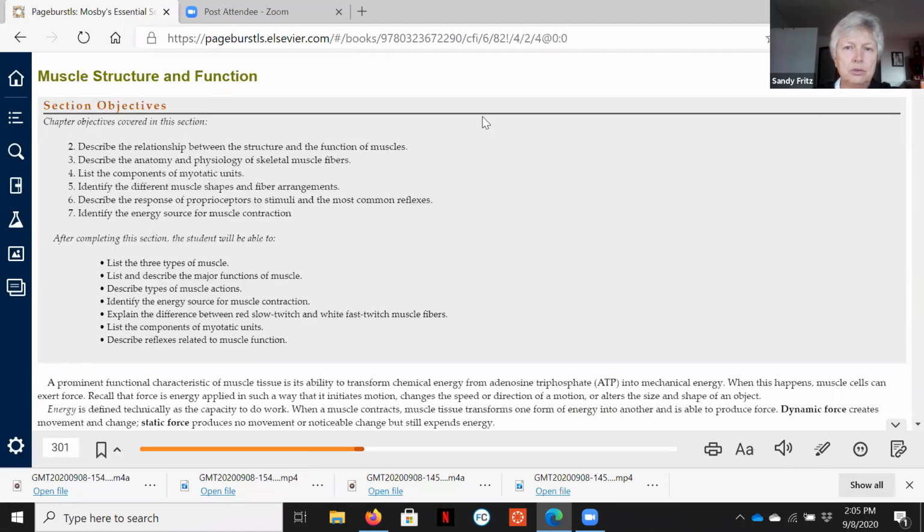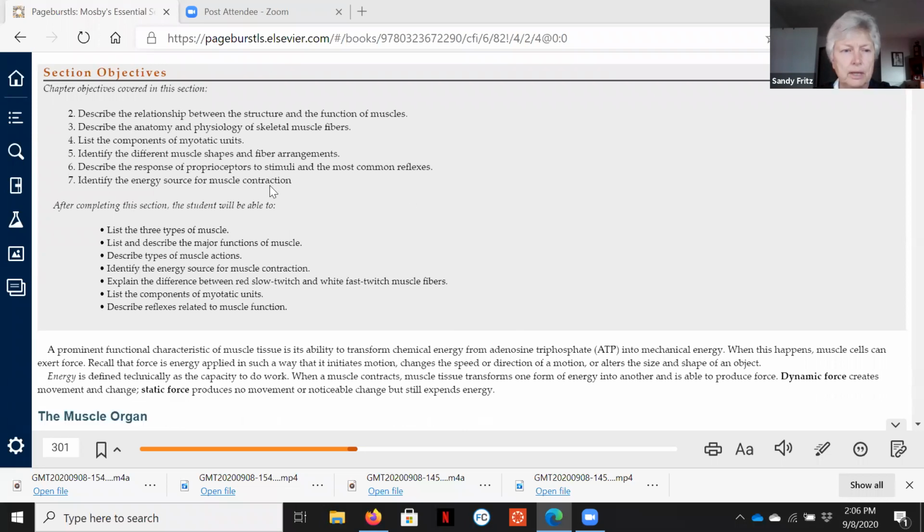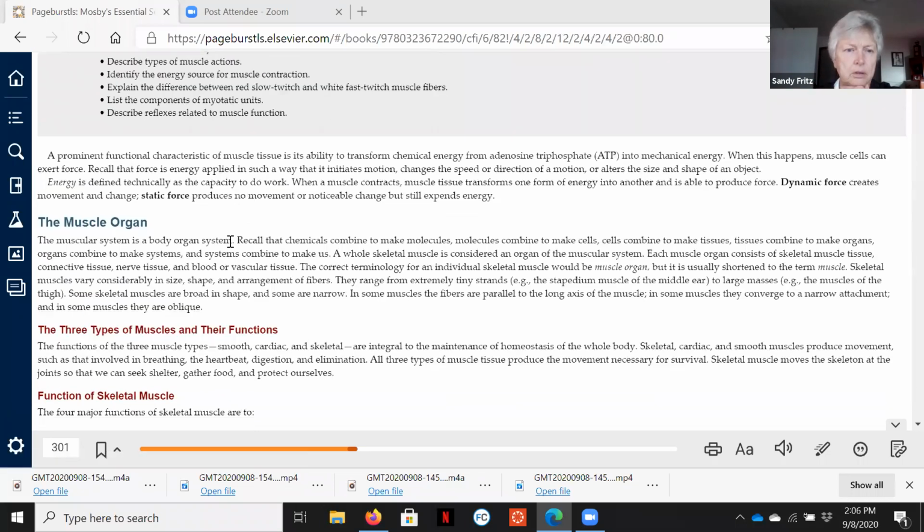And then we get into a structure function idea here, and we'll spend a little bit more time on the function part in chapter 10. Those two chapters really go together, but this is where we'll learn the names and the general location in this chapter.